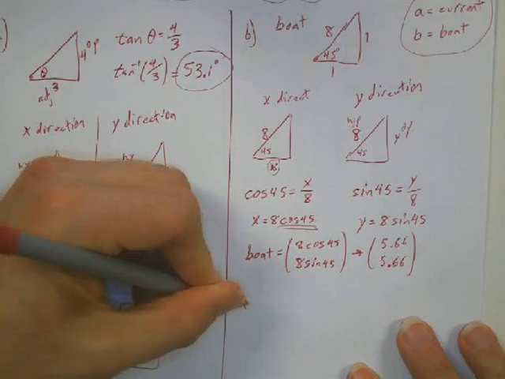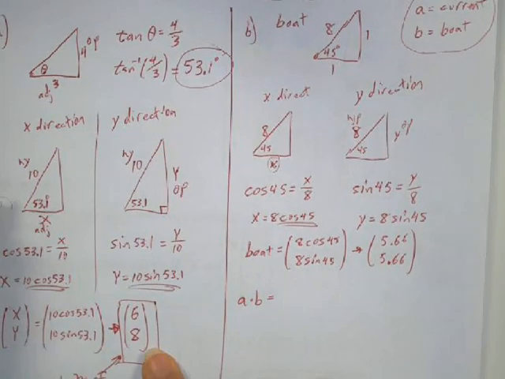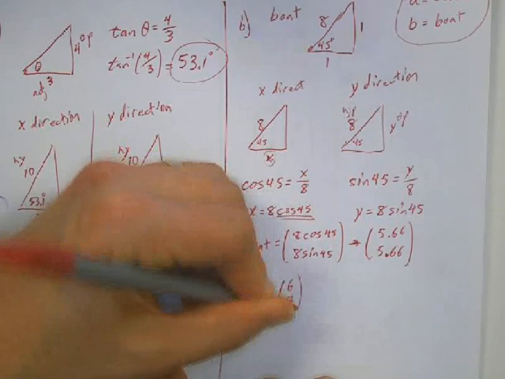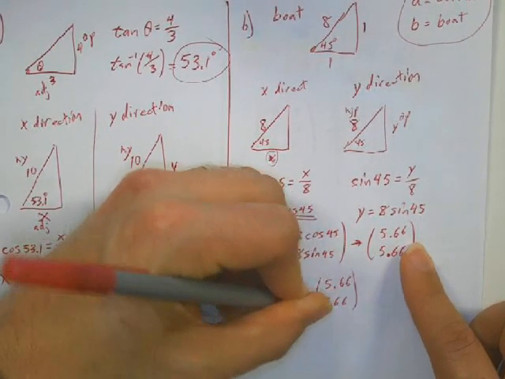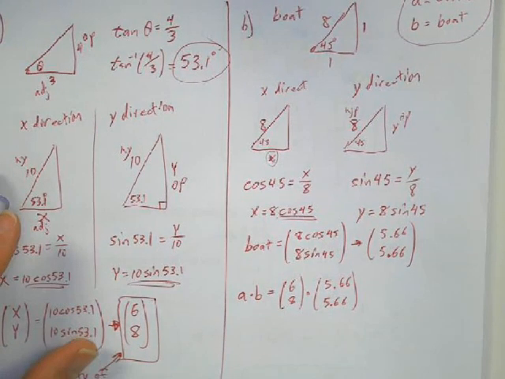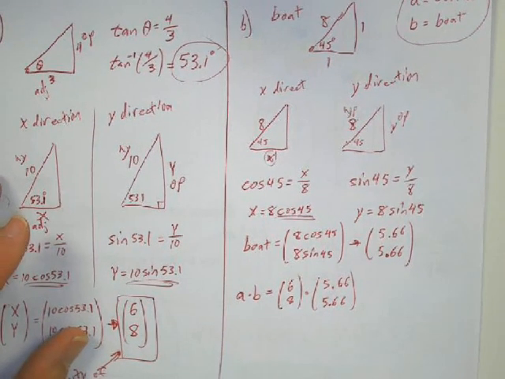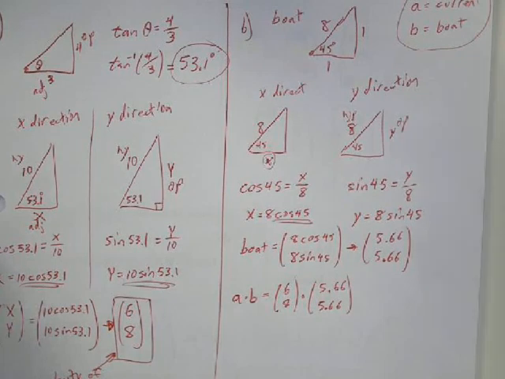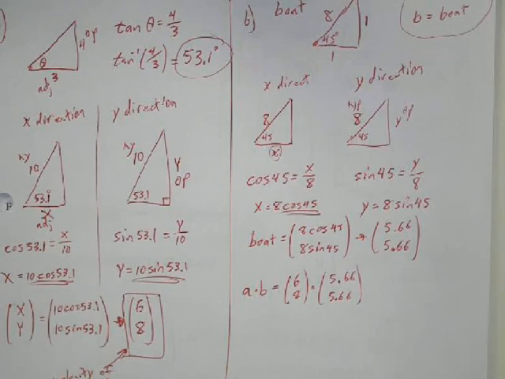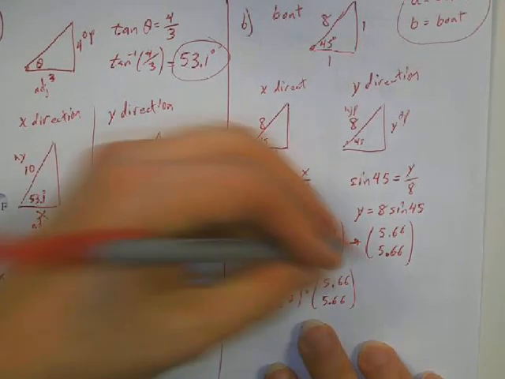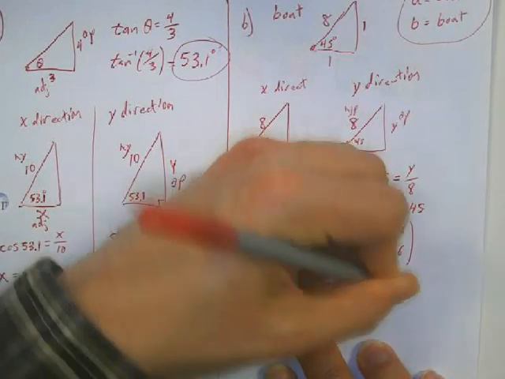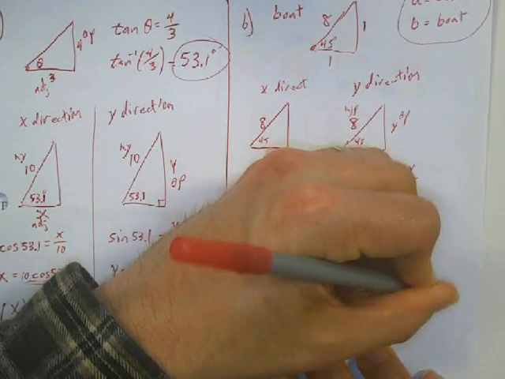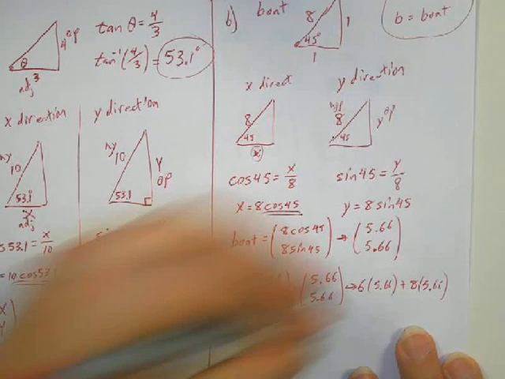So A dot B is equal to 6, 8 dot 5.66, 5.66. Okay, and then so that gives me 6 times 5.66 plus 8 times 5.66, and that gets me 79.2.